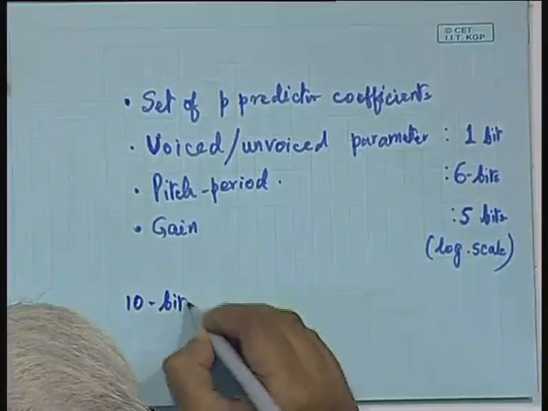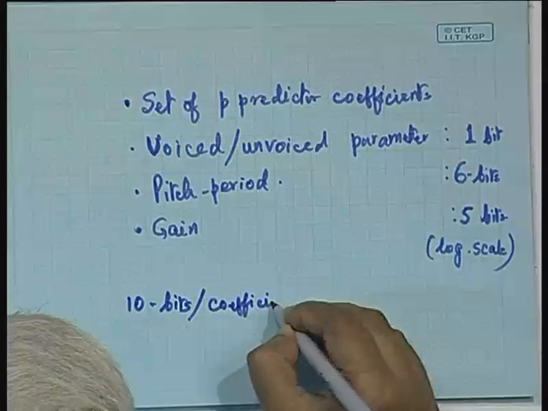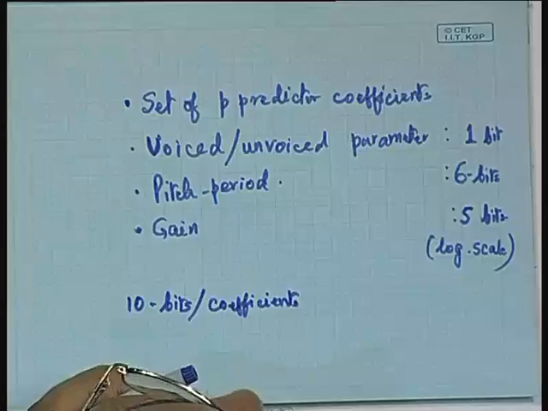It is seen that in order to preserve a good amount of accuracy, at least 10 bits per coefficient are required. And in order to have a formant analysis, as we were just discussing, we must have at least 3 formant frequencies.